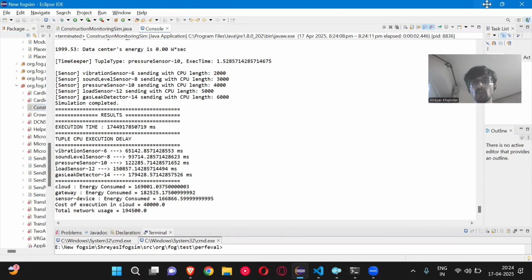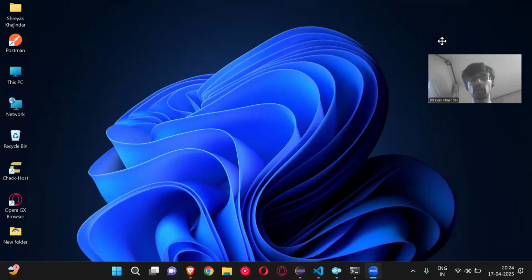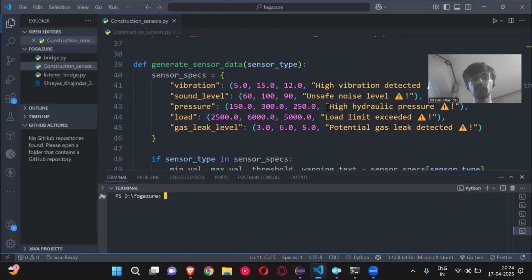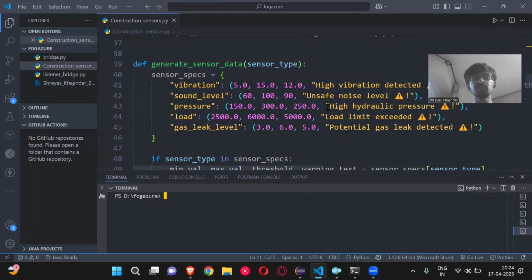So let's jump to the Azure IoT Hub part of this project. Azure IoT Hub is not just a message hub. It's a bridge for seamless messages and commands between IoT devices and the cloud.